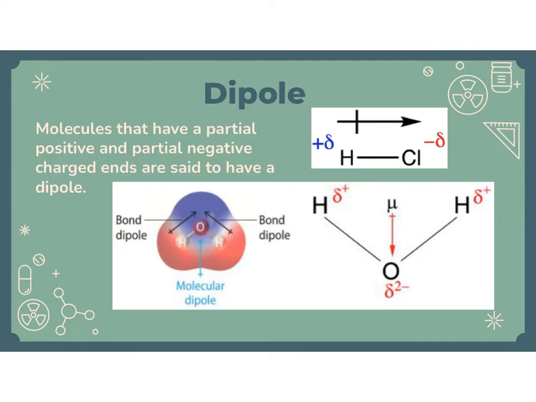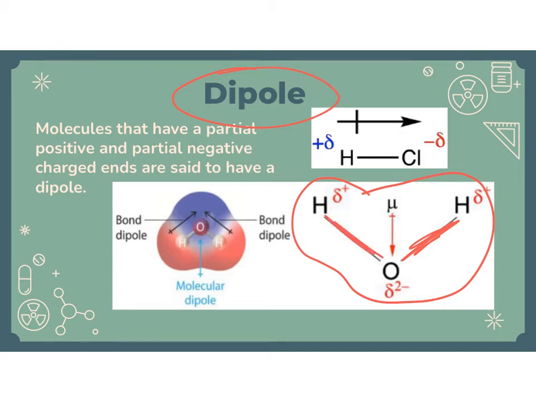Now, what do we call this when the electrons are not shared equally? We call that a dipole. All right, di meaning two, and poles are like the plus and minus. So if two atoms are not sharing electrons equally, they will create a dipole in between them. So, for example, in this molecule right here, which is water, H2O, the bonds here are slightly polar, and hydrogen has less electronegativity than oxygen, so the oxygen will pull the electrons toward itself more, and this bond here then is considered to be a dipole.